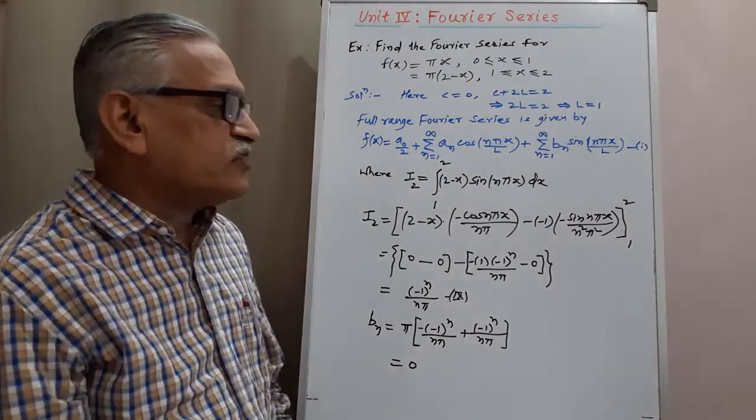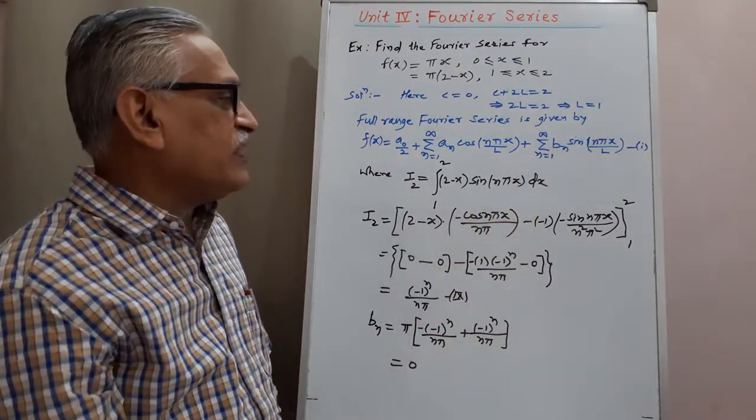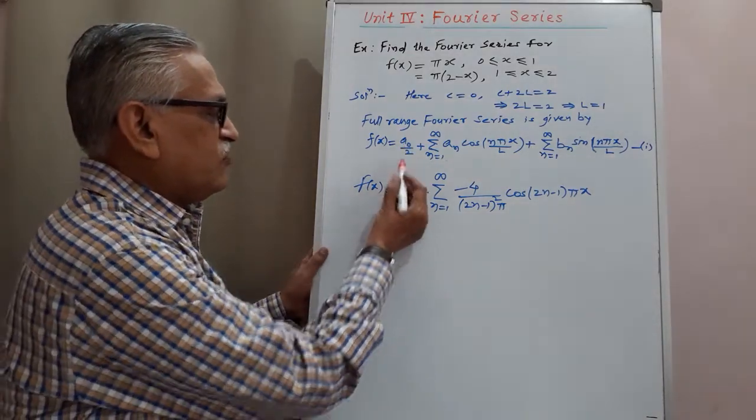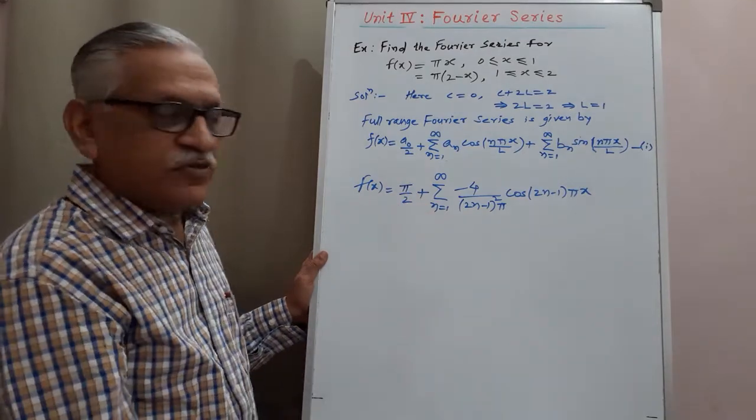Then substituting the values of A0, An and Bn in equation 1. Equation 1 becomes, this series is A0, the value of A0 is pi divided by 2, therefore it becomes pi by 2.